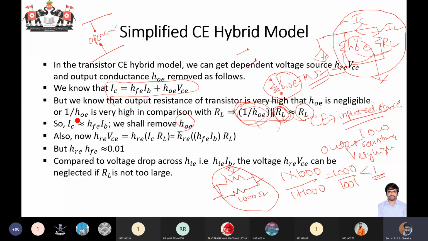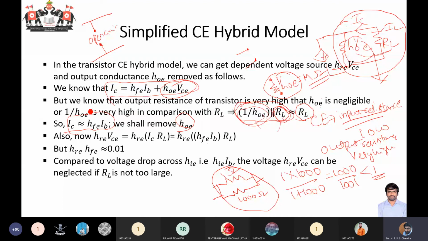And then you know that your IC is nearly equal to HFE into IB. Because you are removing this HOE term, you are left with IC nearly equal to HFE into IB.